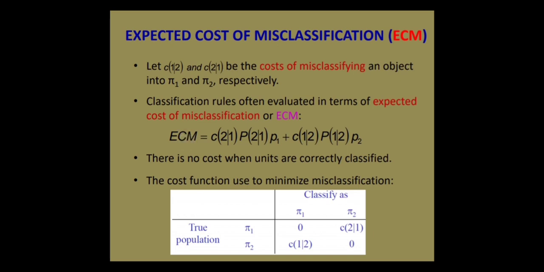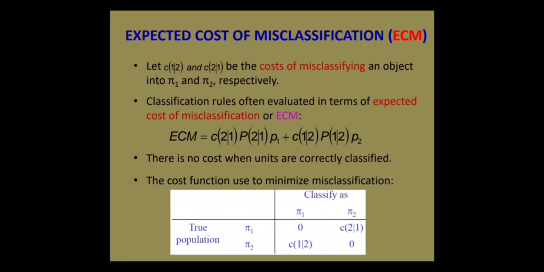We need the value of the cost of misclassifying dan juga nilai conditional probability dan juga prior probability. So we want the ECM as small as possible.